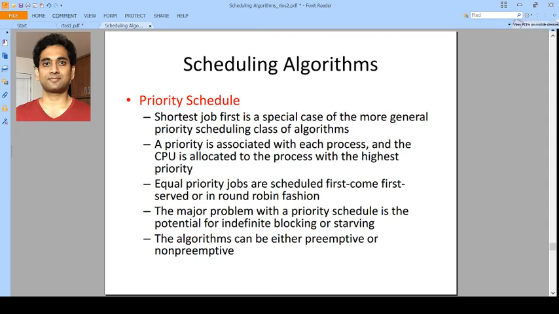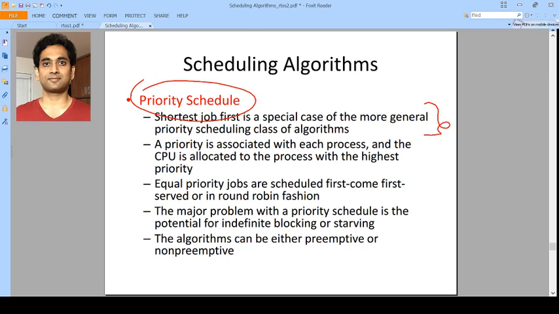Now, scheduling algorithms can be based on priority schedule. Shortest job first, earlier we saw, is a special case of the more general priority scheduling class of algorithms. The shortest job first was a static scheduling scheme, but if the real-time operating system was to keep improving the estimate of time needed to complete on a regular basis, in a dynamic fashion, then that becomes a priority schedule.